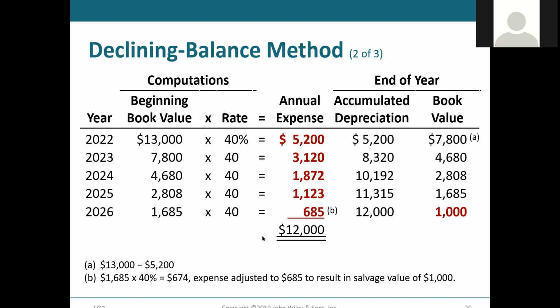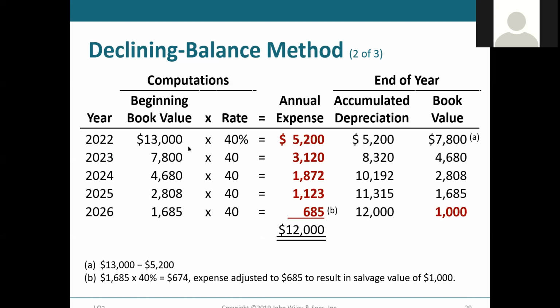Our original asset, they're using 40% here. That means it's a 5-year deal. 2/5 is 40%. We're going to take 40% of 13,000, and that's going to give us 5,200. So that's a big, big chunk of depreciation expense in the first year.